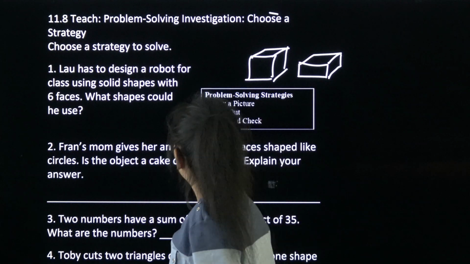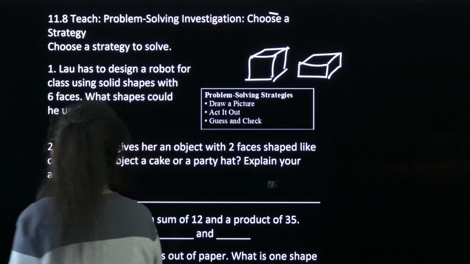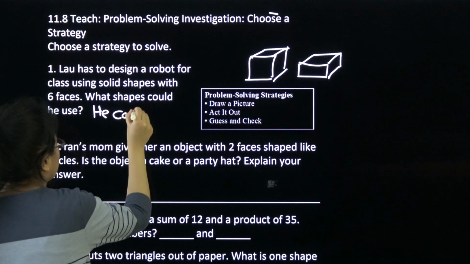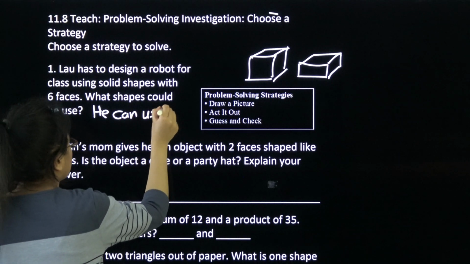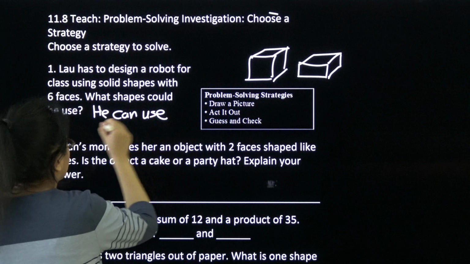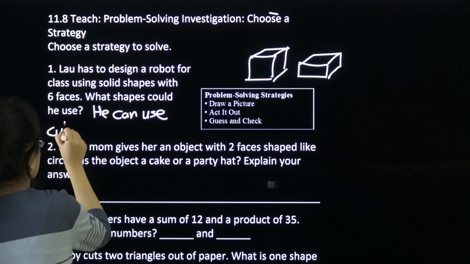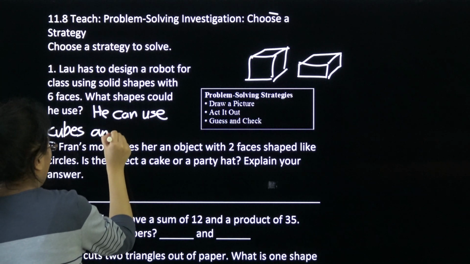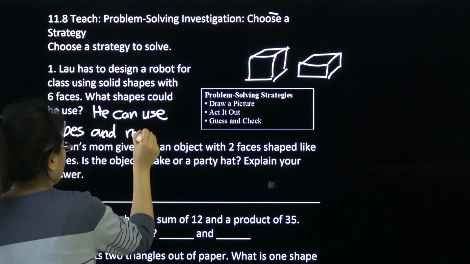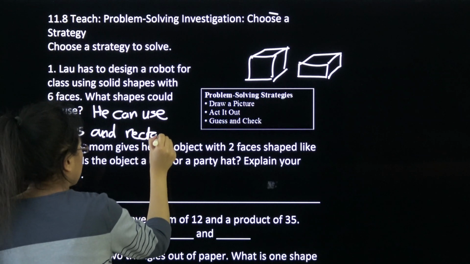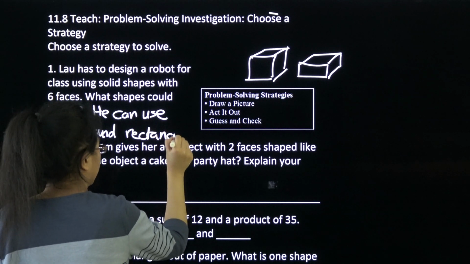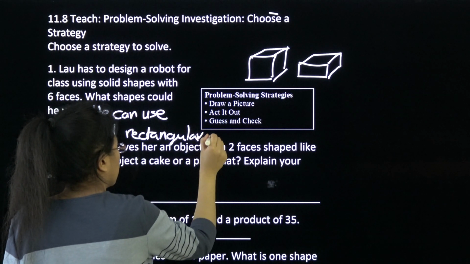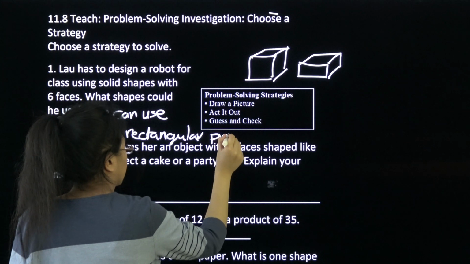What shapes could he use? So we're going to write down the answer. He can use cubes and rectangular prisms.